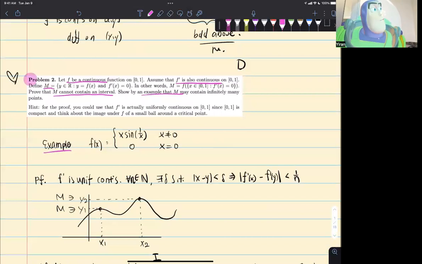So when you first get this statement, it may be really hard to start, like you don't know where to start. Something like this, contains an interval, it is better to start with contradiction.